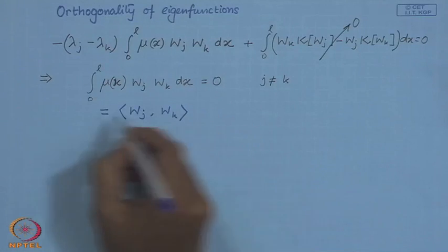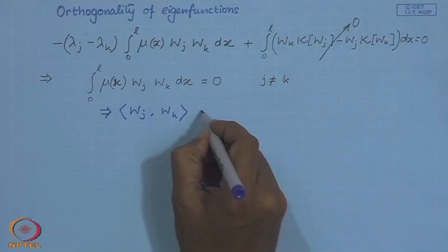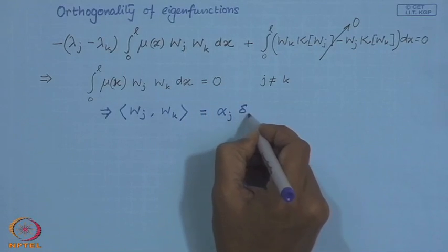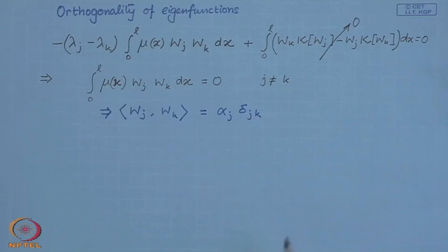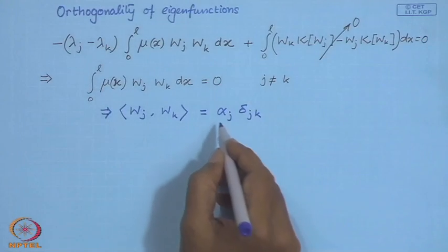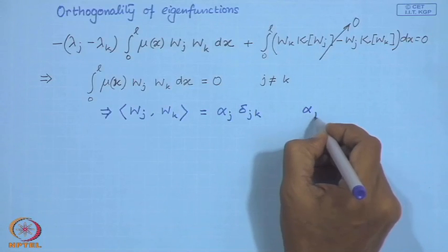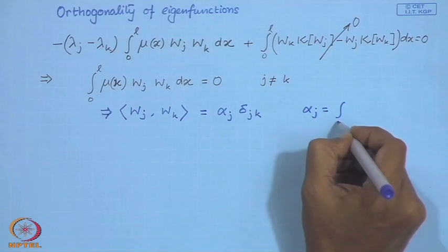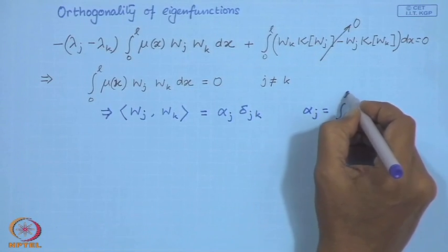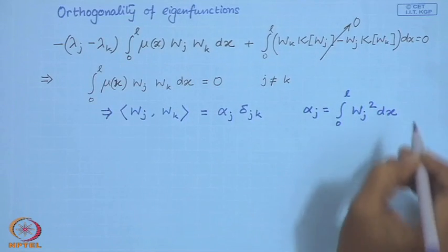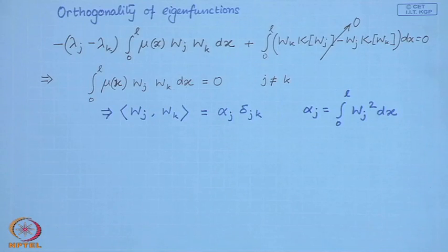In a compact form, we will write that the inner product of two eigenfunctions can be written in this form, where alpha j is given by this integral.